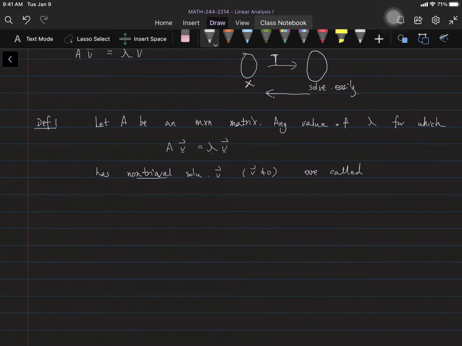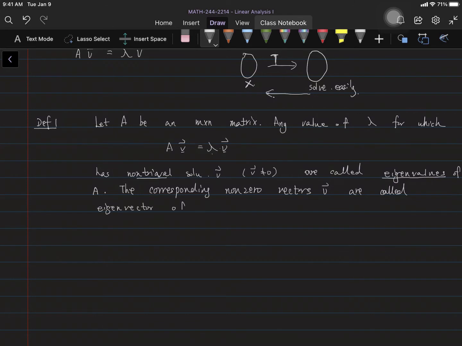Lambda is called the eigenvalue of A, and the corresponding non-zero vectors V are called eigenvectors of A. Sometimes they are also called characteristic values and characteristic vectors.